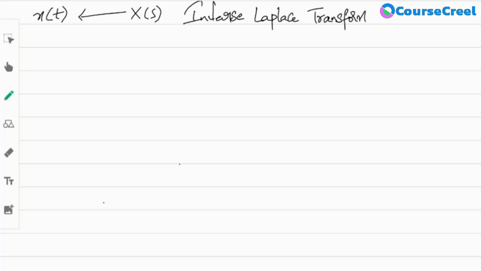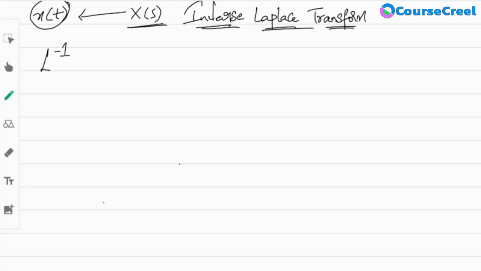By using the inverse Laplace transform, we can obtain the original time domain function from the frequency domain signal, and it is denoted by L inverse.